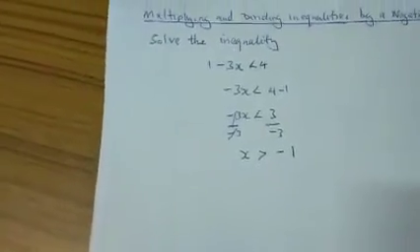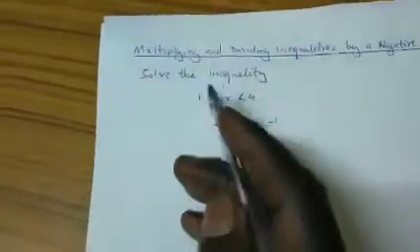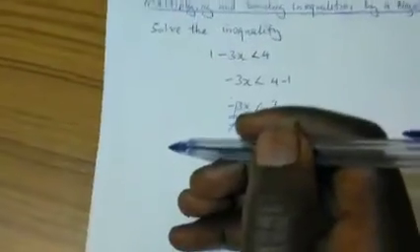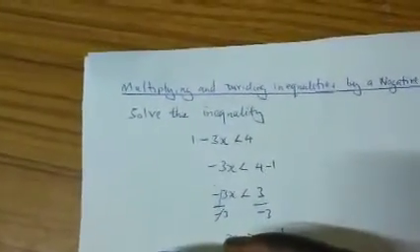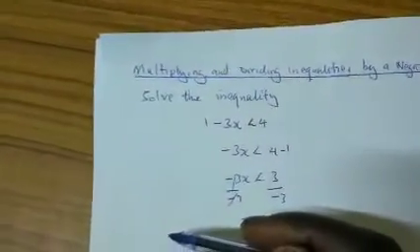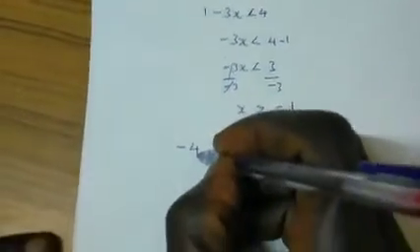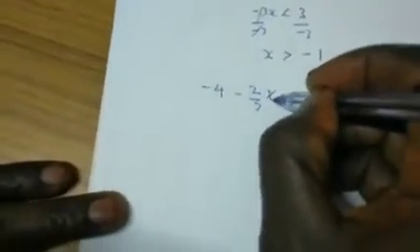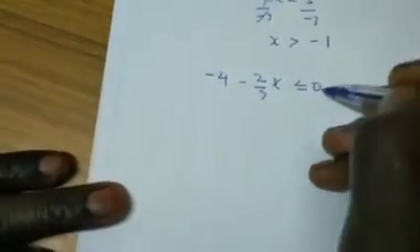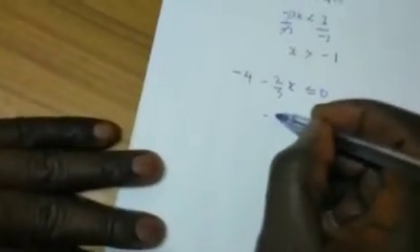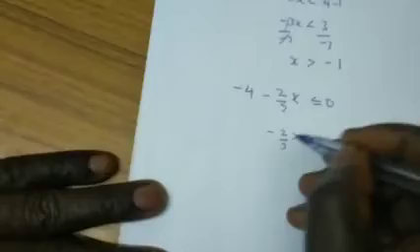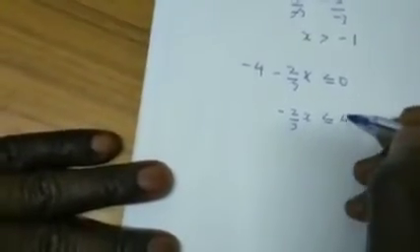Let's look at another example where we have negative 4 minus 2 over 3x is greater than or equal to 0. So we take negative 4 to the other side so that we have negative 2 over 3x is less than or equal to 4.